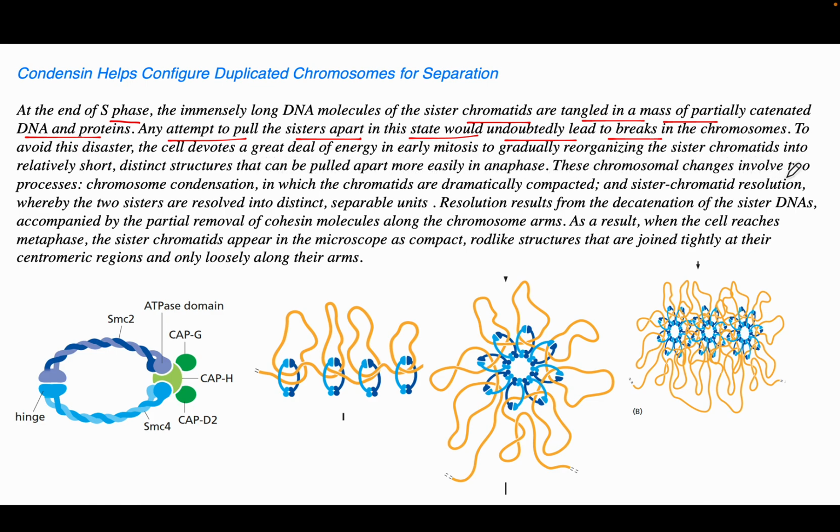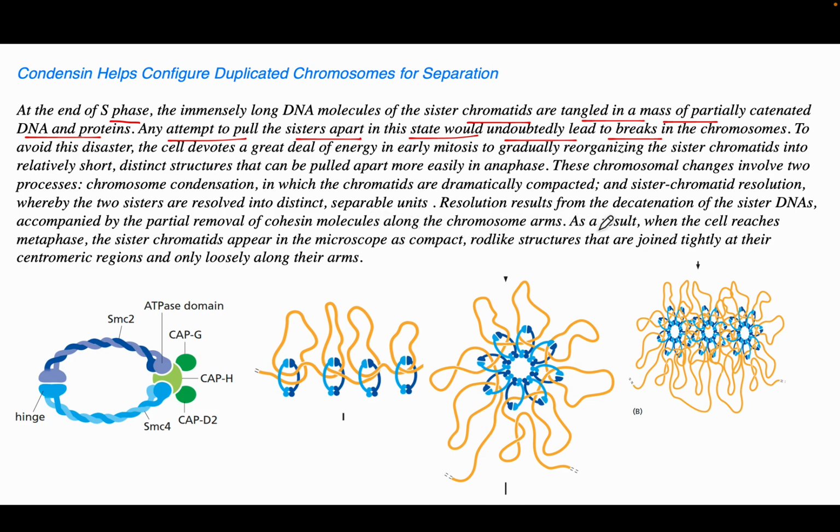These chromosomal changes involve two processes: chromosome condensation, in which the chromatids are dramatically compacted, and sister chromatid resolution, whereby the two sisters are resolved into distinct separable units.